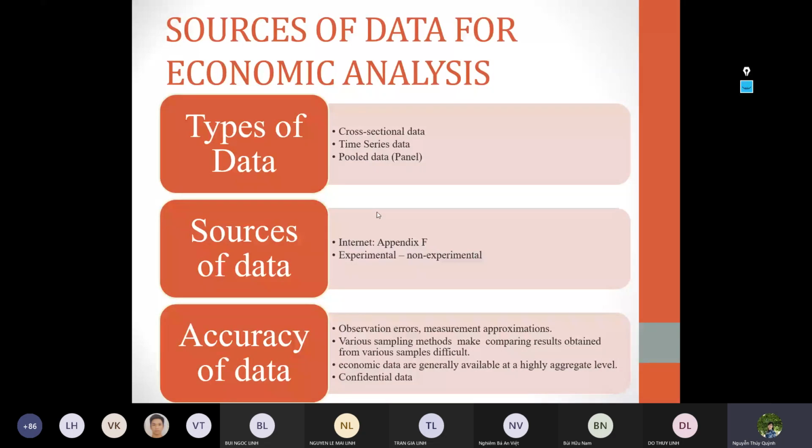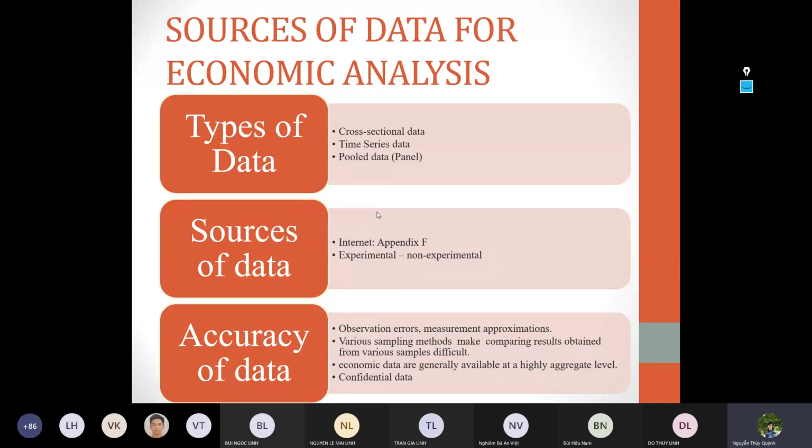And if the ultimate object of the research is at the individual level, or at some smaller level like province level, you may not have enough data for your study. And some data are confidential, so you cannot obtain them.